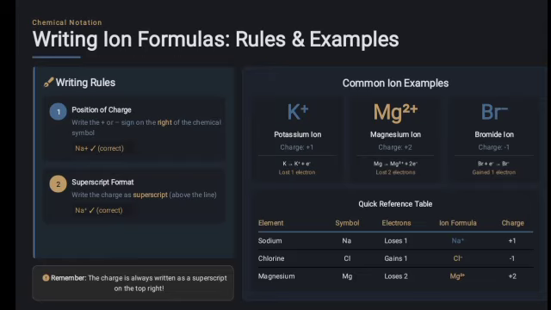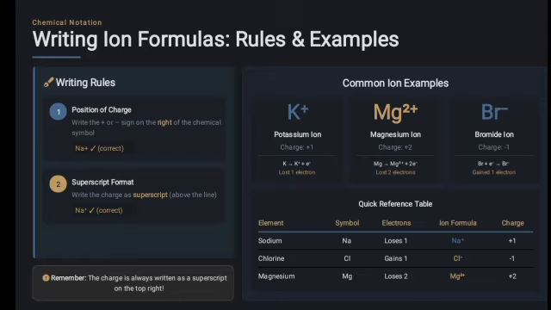What does it mean? I already told you, when there is only one electron removed or gained, we are not going to write 1 with it. Only positive already means the charge is positive one, and only negative means the charge is negative one.